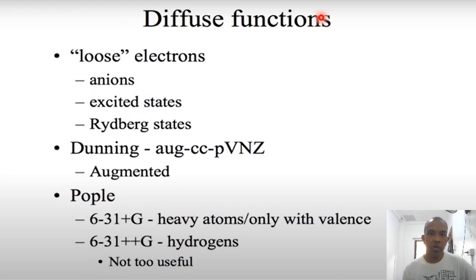I usually point out that a hydrogen is maybe an angstrom away from a heavy atom. If you've got a diffuse function on the heavy atoms, you already have a function that barely decays at an angstrom away.